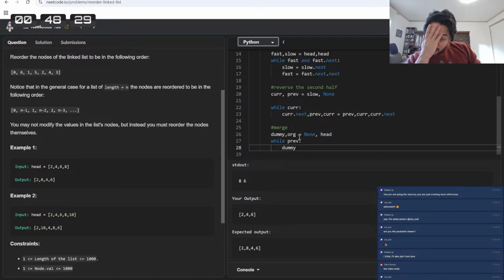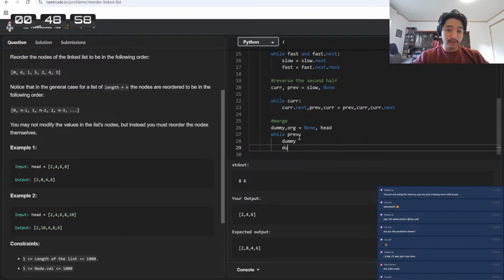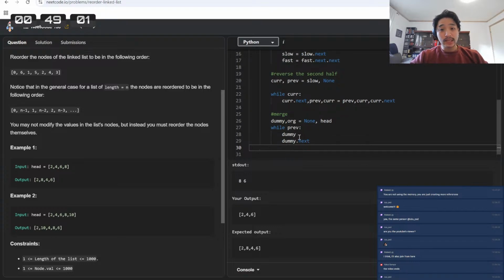Why am I struggling on this one? I'm just merging two linked lists. It's not that difficult. Okay, I need to understand. What are the things I need? I need a dummy, I need dummy.next, and that's it.